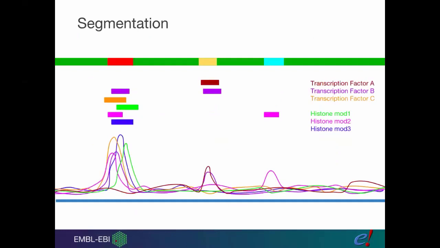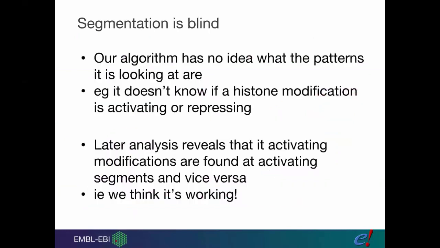So in each cell type, we will calculate what we believe each part of the genome is doing. One of the cool things about this is it's a completely blind algorithm. It has no idea what the patterns it's looking at are. So we don't tell this algorithm whether histone modifications are activating or repressing. So what we can do then is use this as a test.